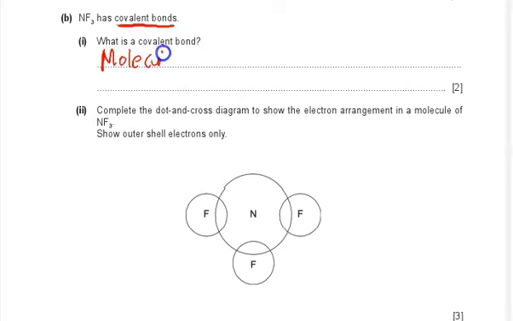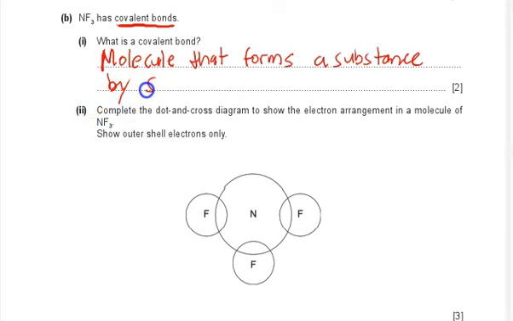Your answer here will be molecules that form a substance by sharing electrons. Okay, by sharing electrons.